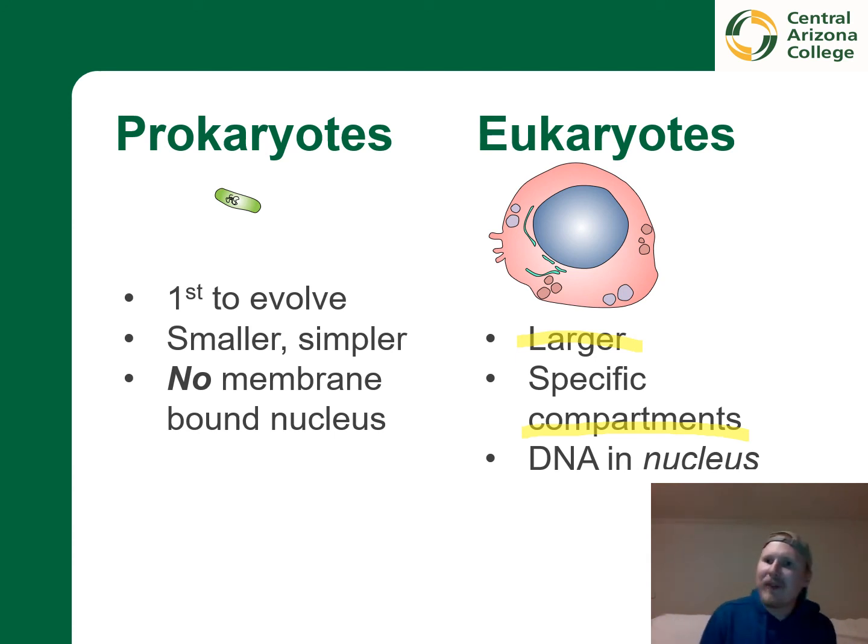And one example of these membrane-enclosed compartments is our nucleus. So the DNA is stored in a eukaryotic cell inside a nucleus. This is a membrane-enclosed structure, much different from the prokaryotes.